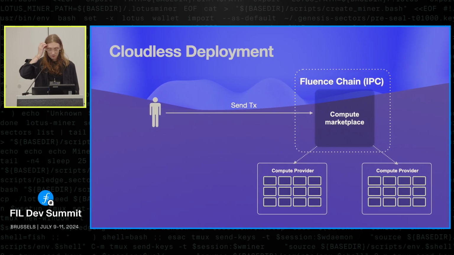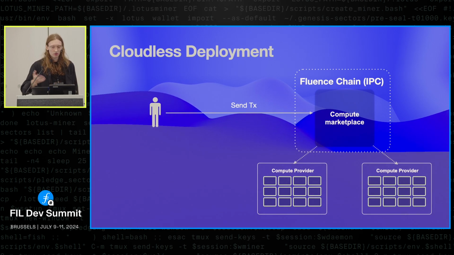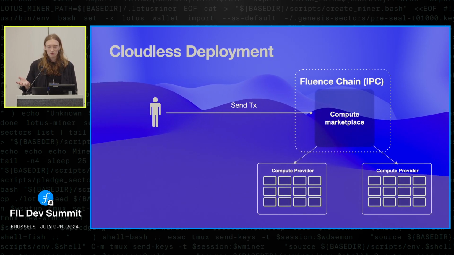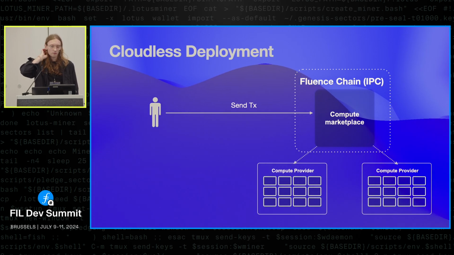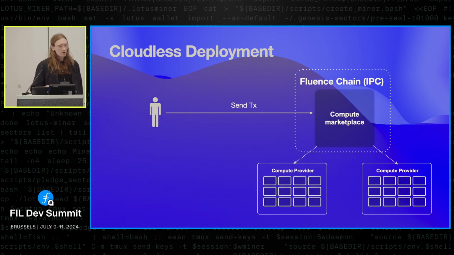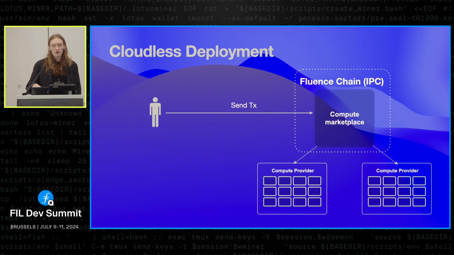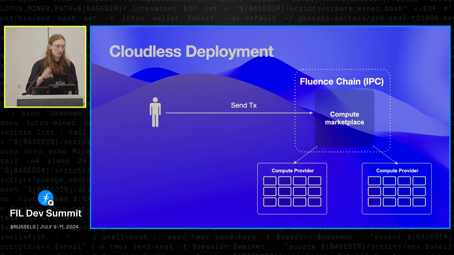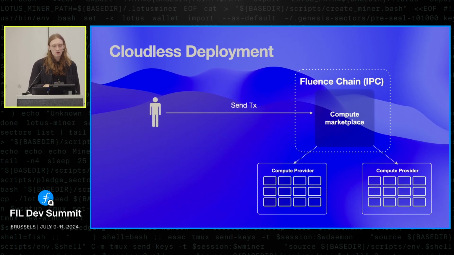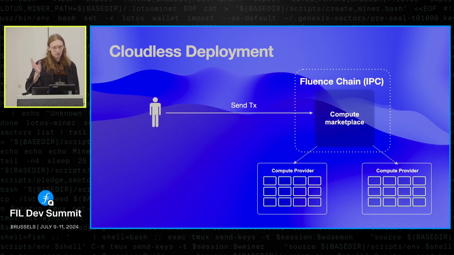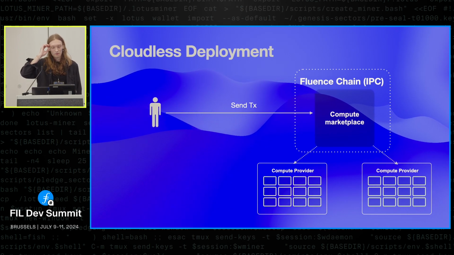And about cloudless deployment. Before someone can call and use it, you should deploy it. Basically, to deploy something on Fluence, you just go to the website, download the CLI, create a project, put a bunch of code there with Rust and WebAssembly, or just reuse examples, and bridge tokens from Ethereum or buy them with fiat gateways.